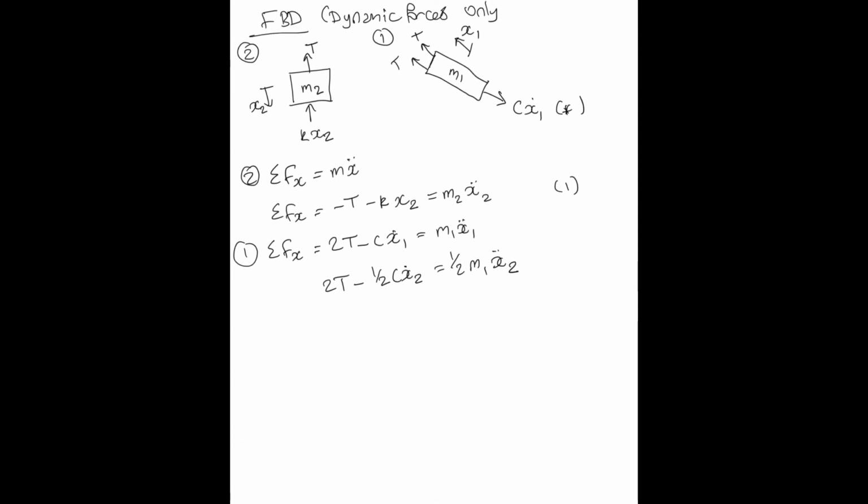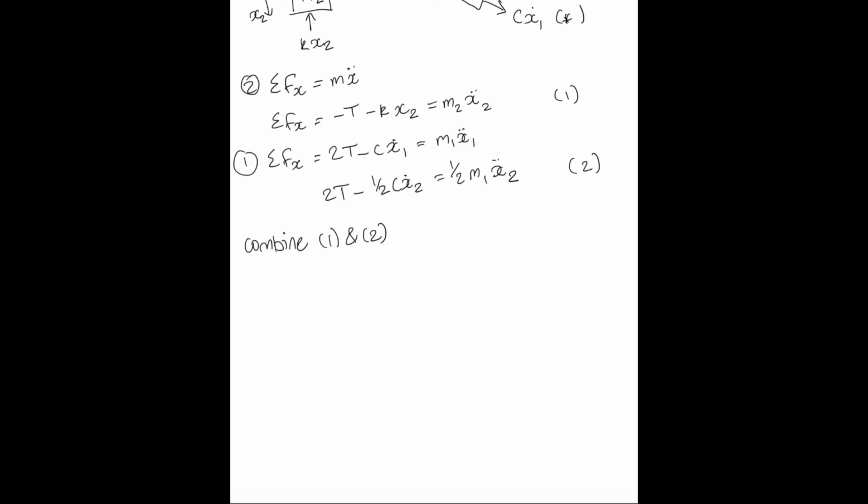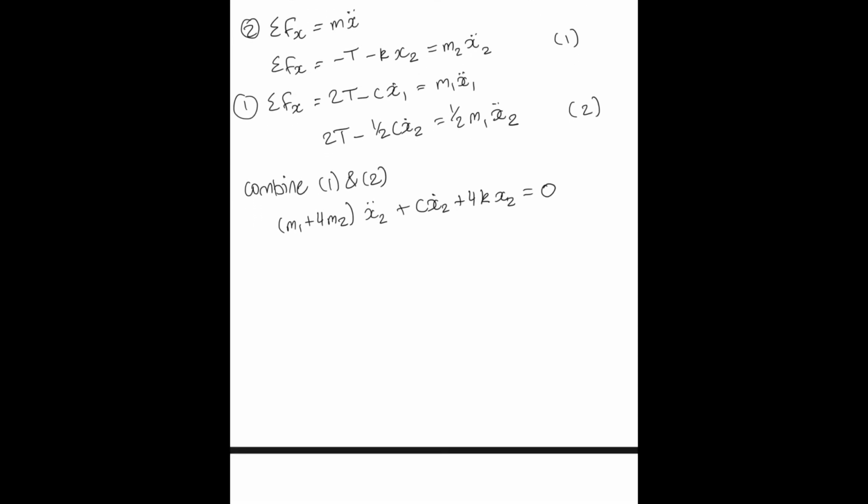So if we sub them back in, they're going to be half c x dot 2 equals half m1 x double dot 2. The reason we're doing that is to combine equation 1 and equation 2 together and solve them simultaneously. So if we combine them together, we get (m1 plus 4m2) x double dot 2 plus c x dot 2 plus 4k x2 equals 0.